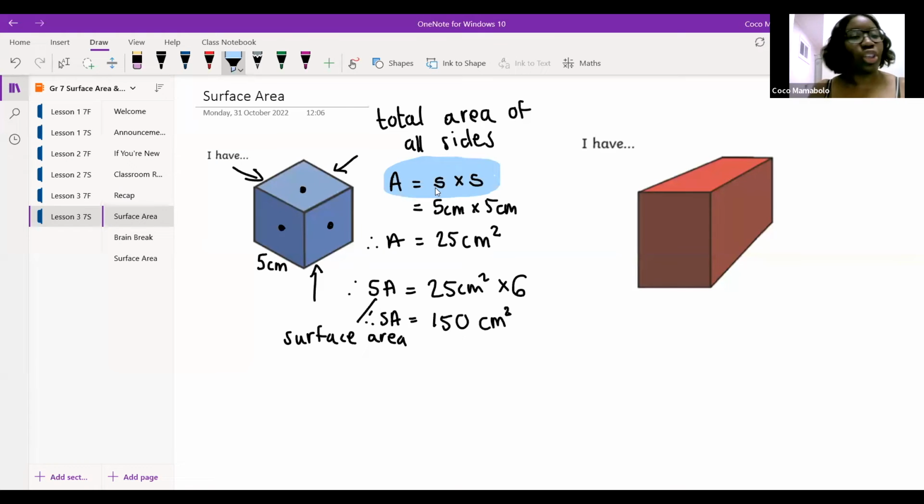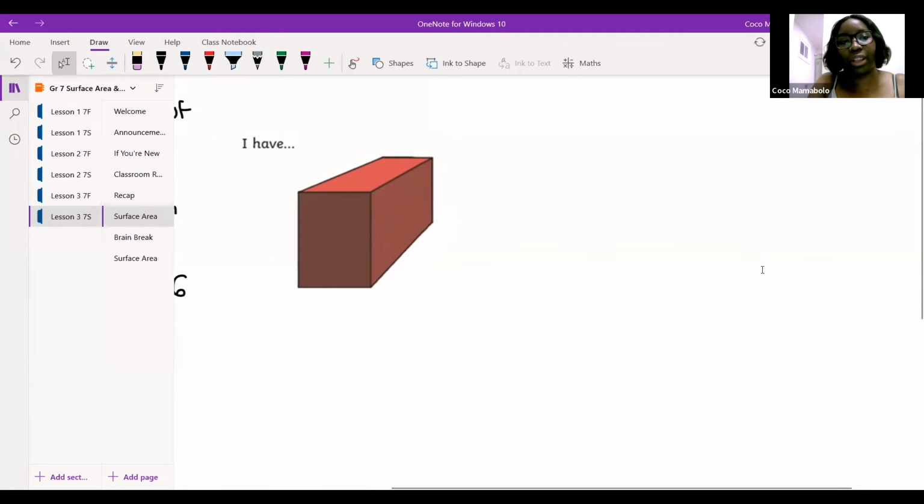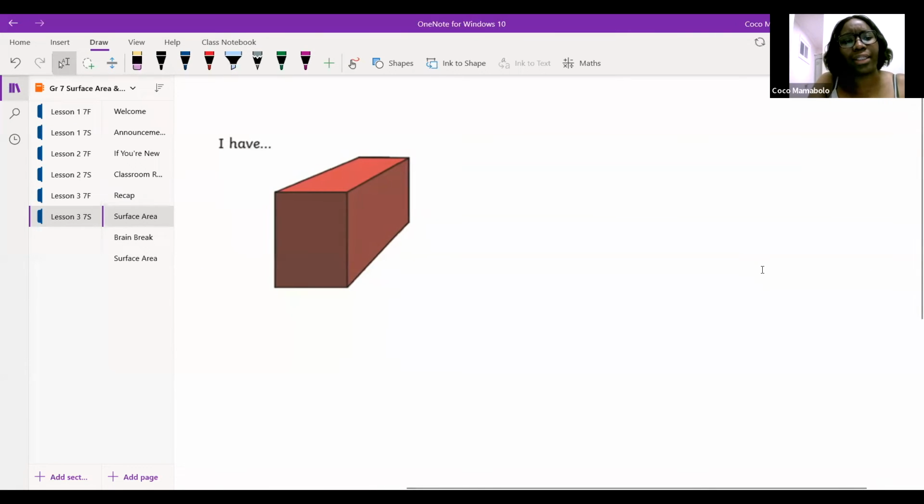Okay, now I need to complicate your lives a little bit. We are going to be looking at this shape. What is this shape called, guys? Tell me in the chat. Someone says it's a rectangle, but this is a 3D shape and not a 2D shape, so it cannot be called a rectangle because a rectangle is 2D.